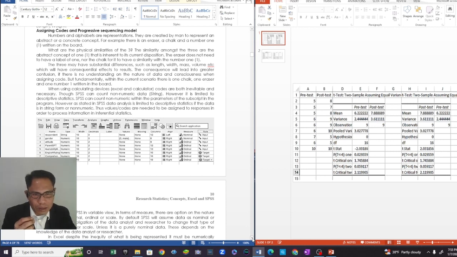True, they did it properly, but there was a mix-up on the values that they assigned. And it's kind of embarrassing to do that in front of a public forum.